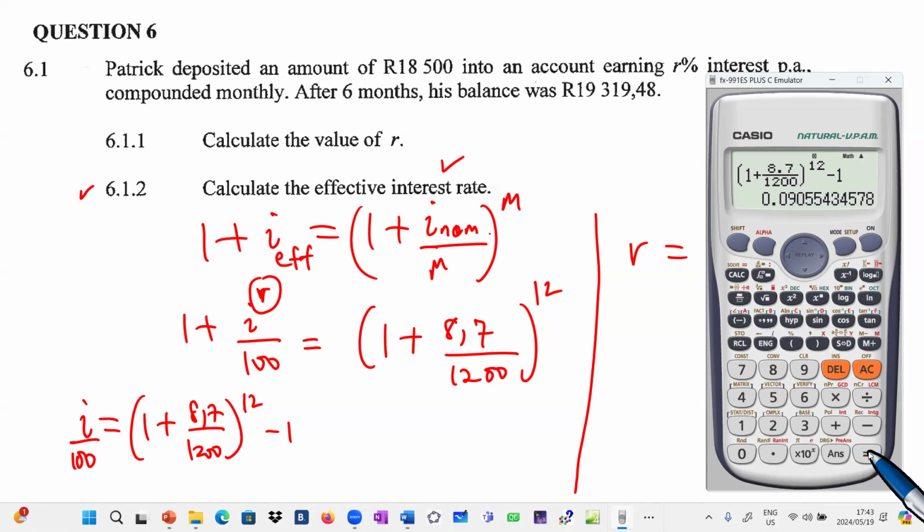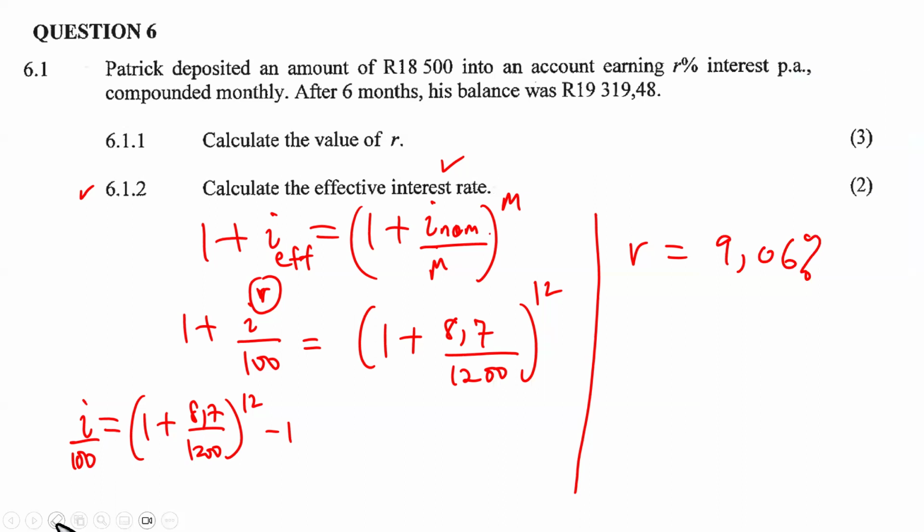Let's see what we're getting. We're getting exactly that result there. If you divide, it is 0.0906. Okay, let's just write that one.